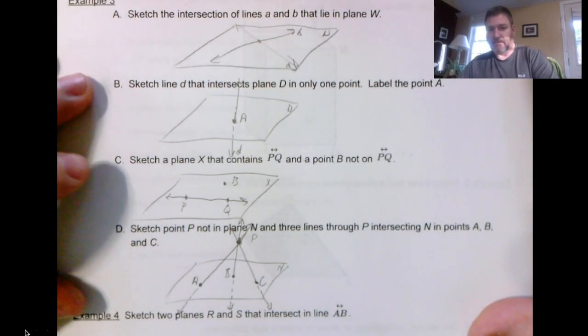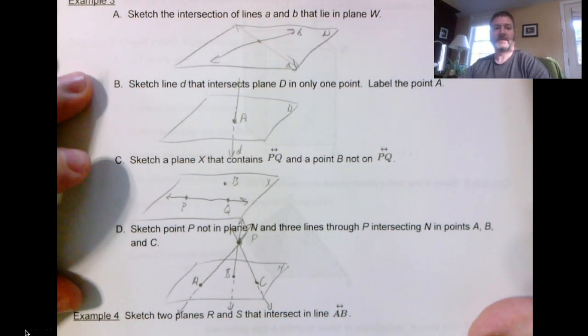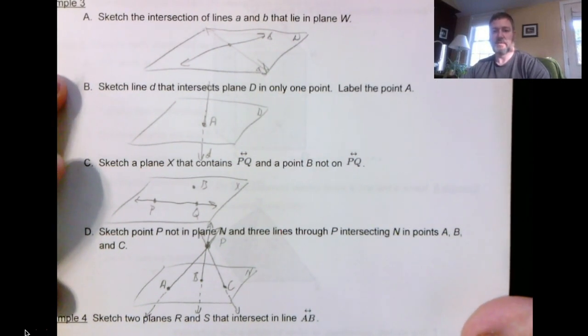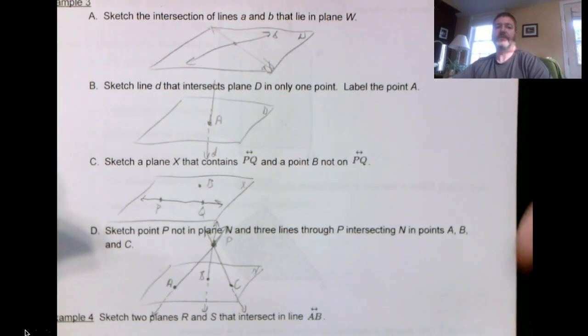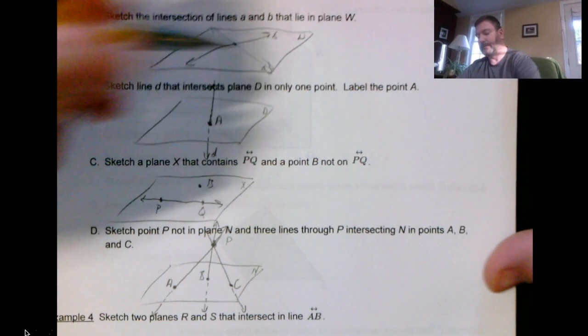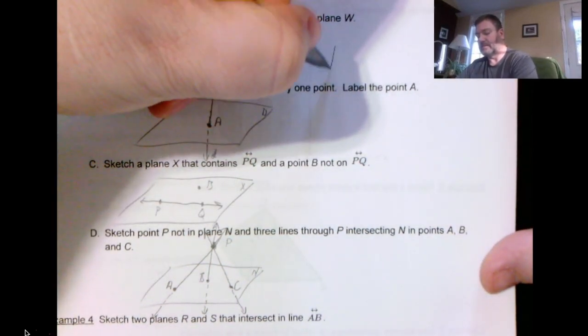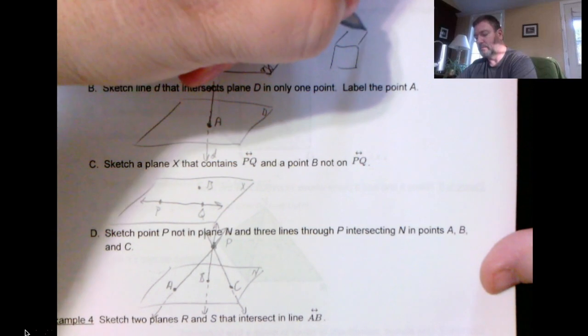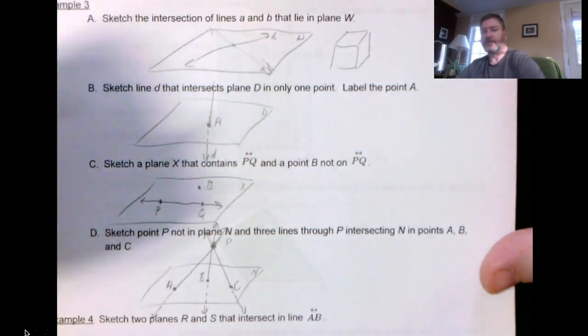Now, I said I was going to go back and redo example 3 in a very different way that might be easier for you to do. So I'm going to slide the paper over a little bit. Sketch an intersection of lines A and B that lie in plane W. So oftentimes it's easier for people to draw a cube.